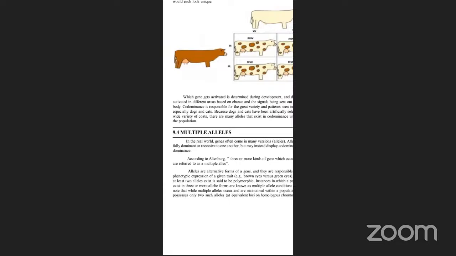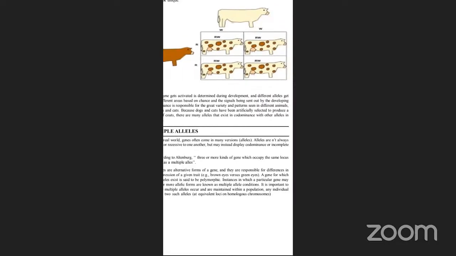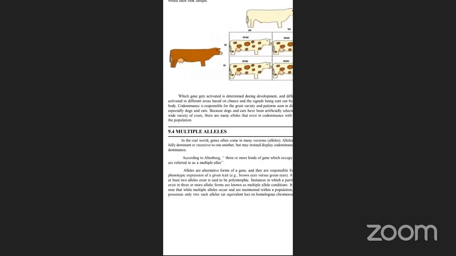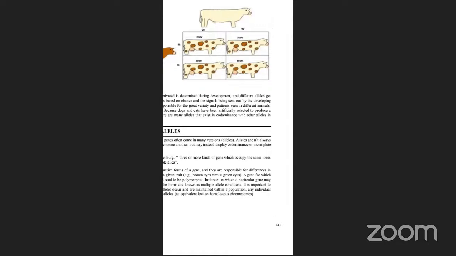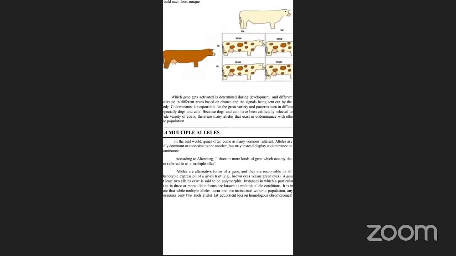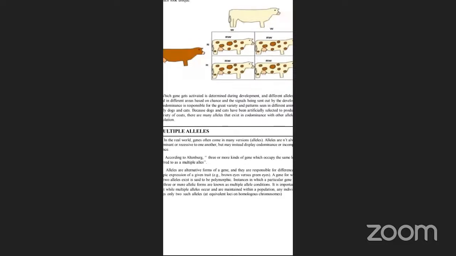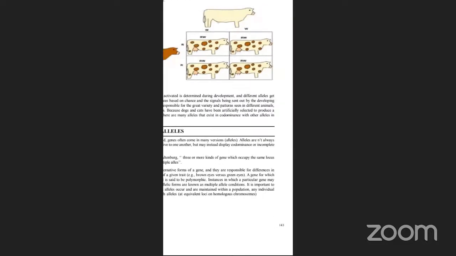More than two kinds of a gene which occupy the same locus are referred to as multiple alleles. Alleles are alternative forms of a gene, and they are responsible for differences in phenotype expression of a given trait, like brown eyes versus green eyes.